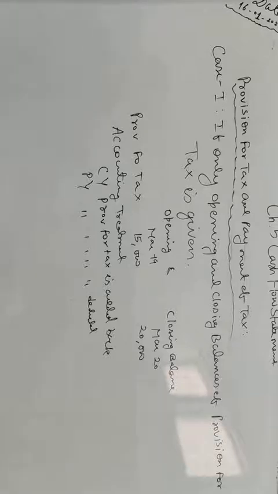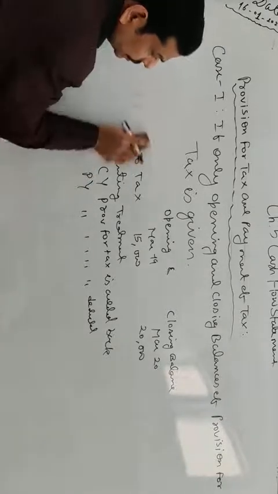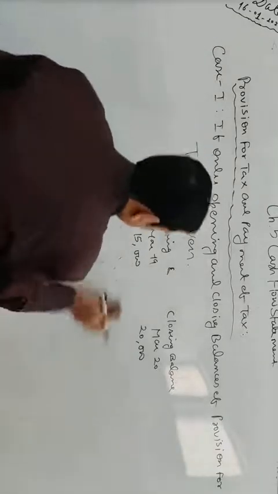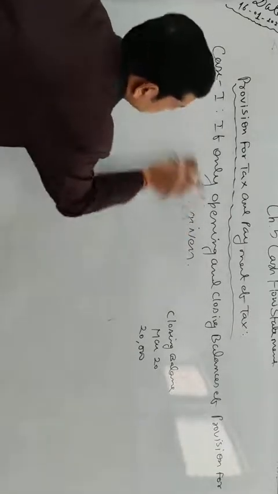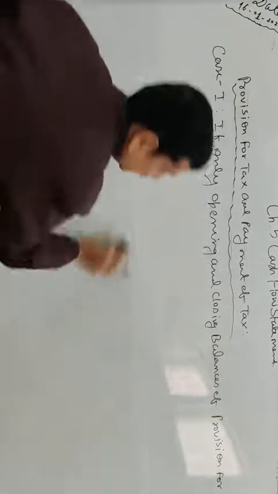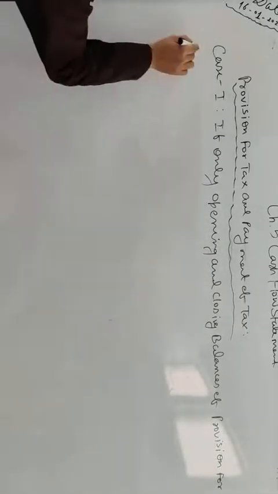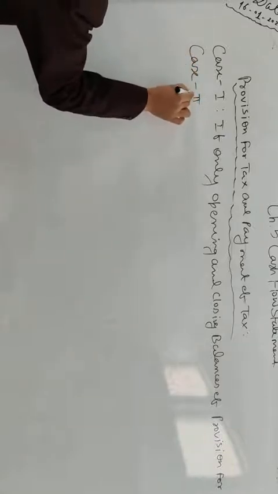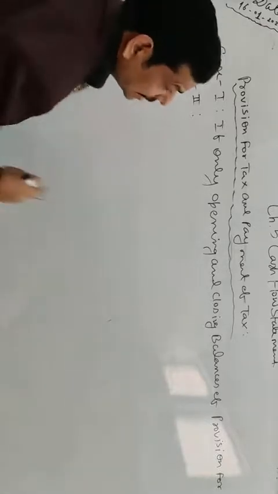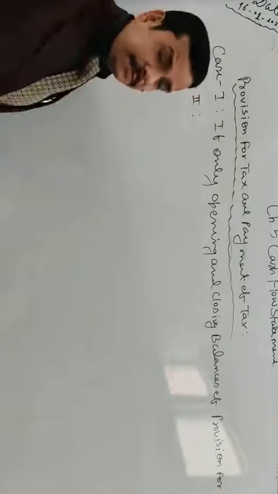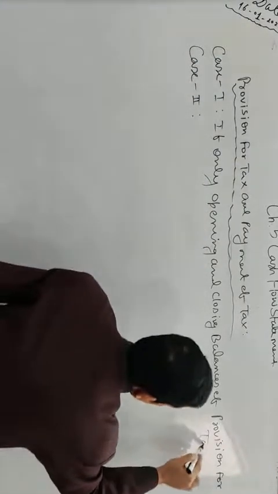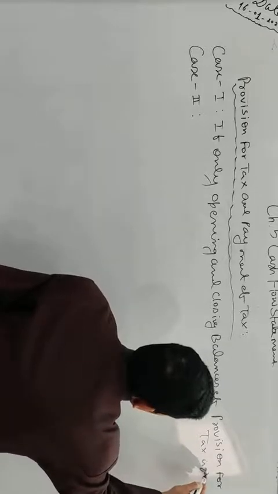Okay. Now case 2. I hope case 1 is clear to you. Now we are going to study case 2. If opening and closing balances of provision for tax are given, and provision for tax made is also given.